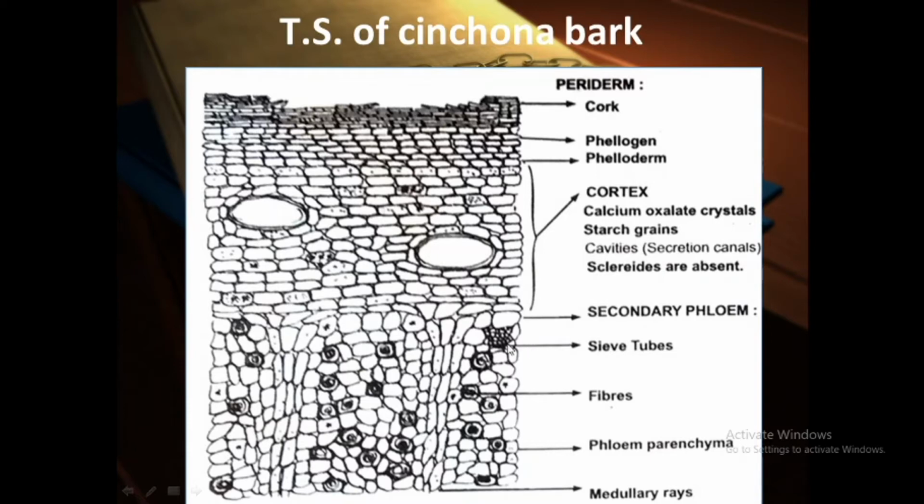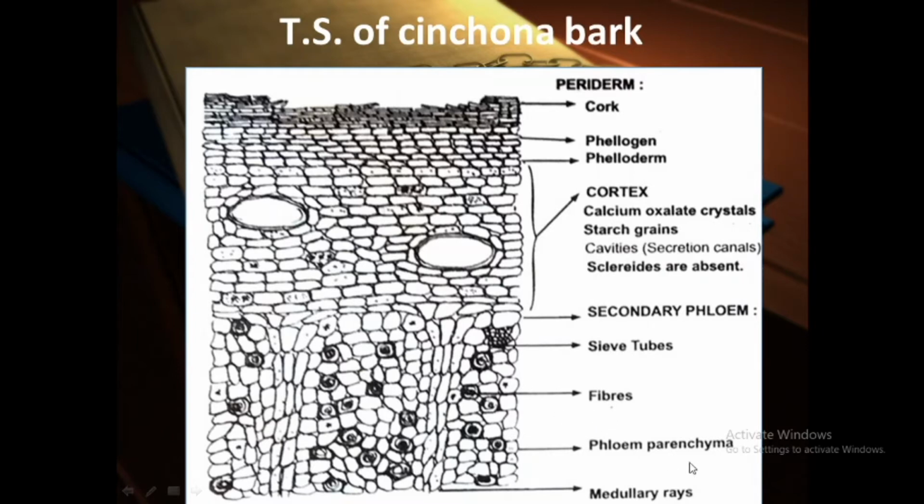Most of the sieve tubes are compressed and collapsed. The fibers: cinchona contains lignified phloem fibers which are numerous, large and fusiform, having striated walls. The most important thing, the lignified fibers are present in cinchona bark.